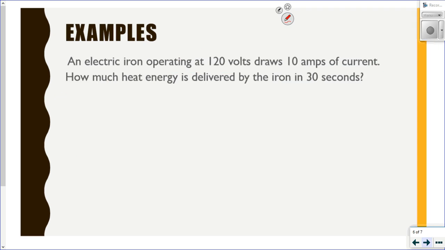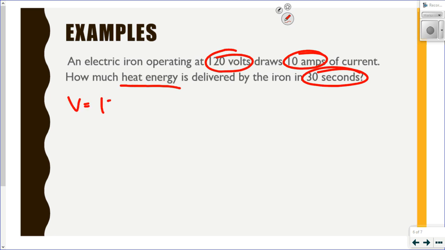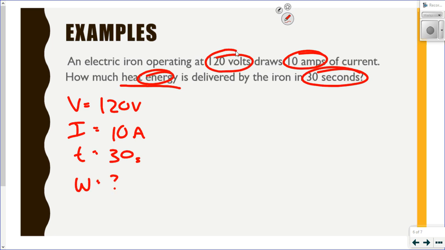And finally, if we have an electric iron operating at 120 volts and it's drawing 10 amps of current, I want to know the amount of heat energy delivered by the iron in 30 seconds. Well, let's write about what we've got. We know we've got 120 volts. I've got a current of 10 amps, and this is new. They've given us a time of 30 seconds. Well, actually, we're not looking for power in this case. We're looking for energy, which I know is the amount of work being done by the circuit.